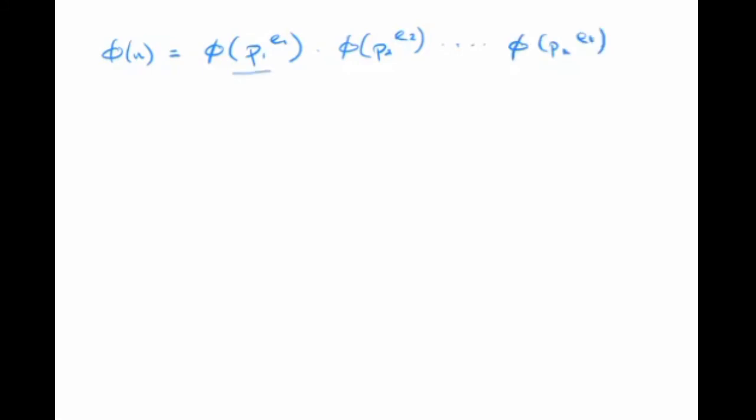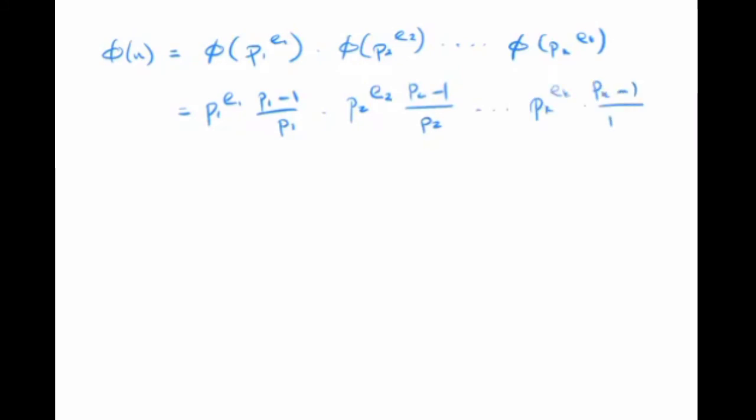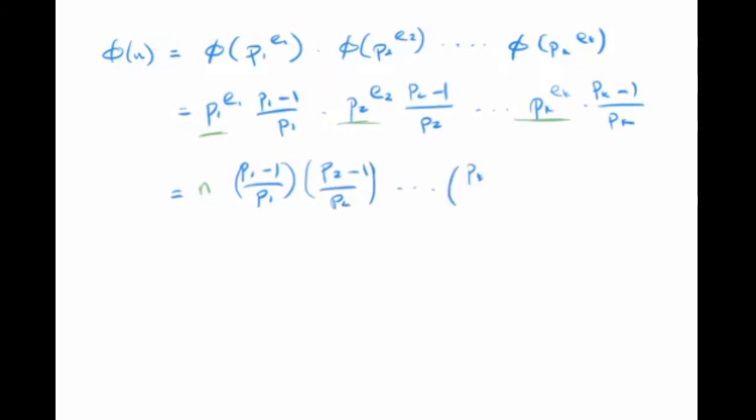Like this is the prime factorization of N. Now this is just N. And then we're left with these. Does anyone have any questions?